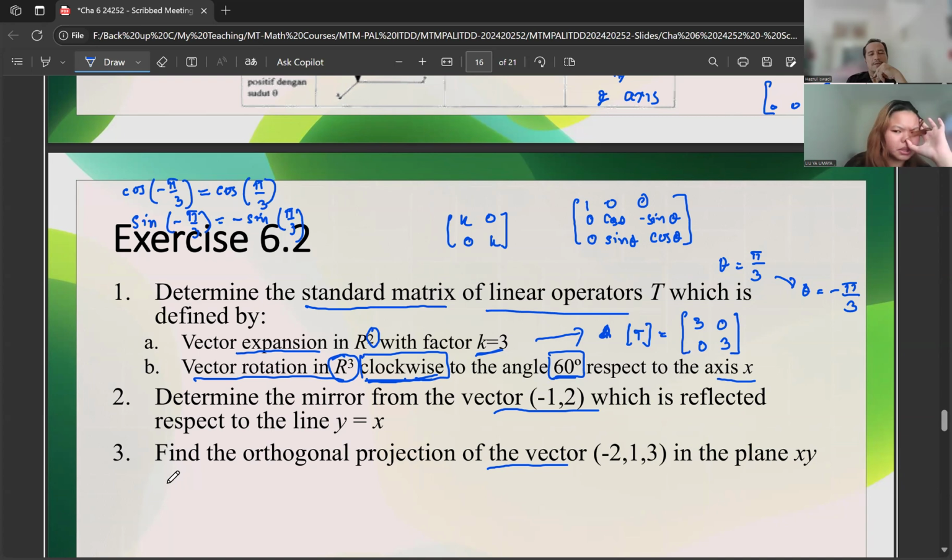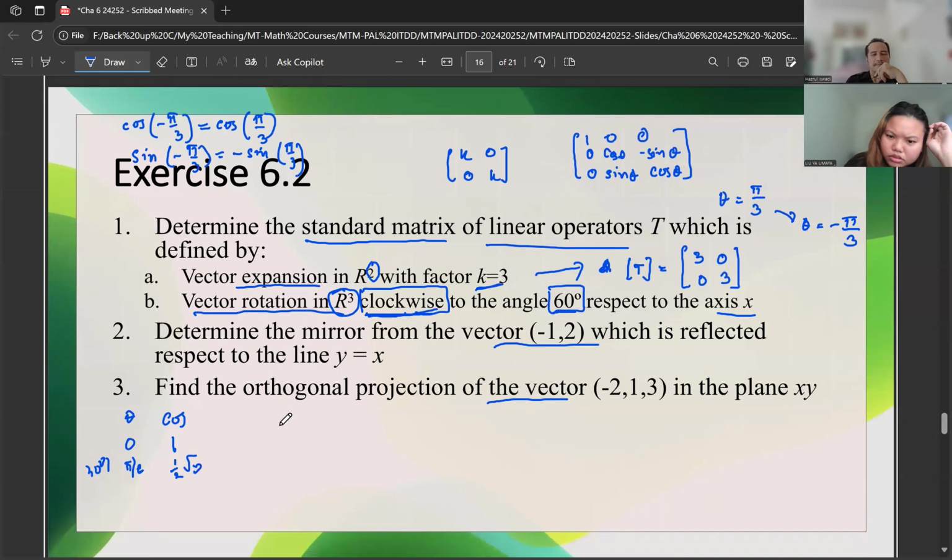Wait a minute. For theta 0, cosine will be 1. For pi over 6, 30 degrees, it is half the square root of 3. For 45 degrees, pi over 4, it is half the square root of 2.